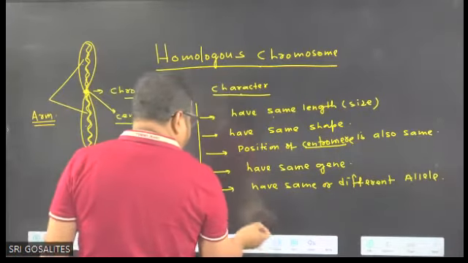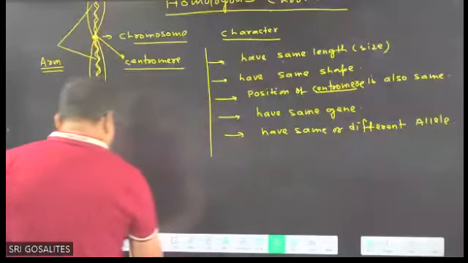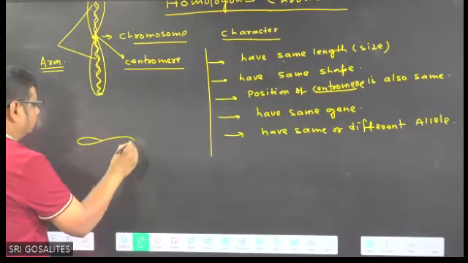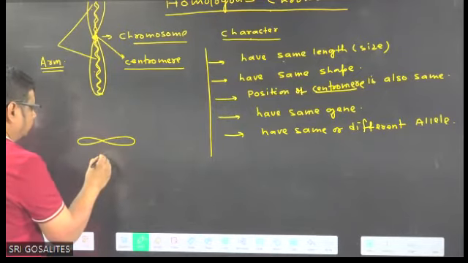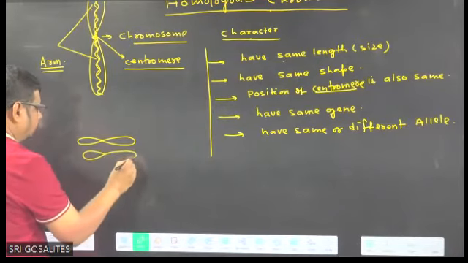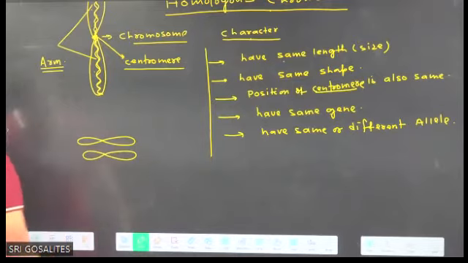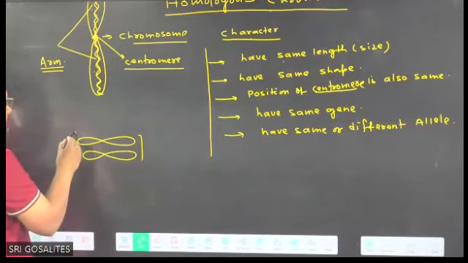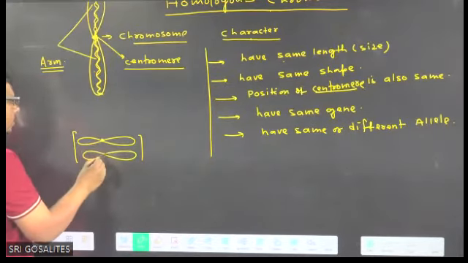Now I am just telling you, have a look here. Suppose this is a chromosome. You see both have the same length. Both have the same position of centromere.